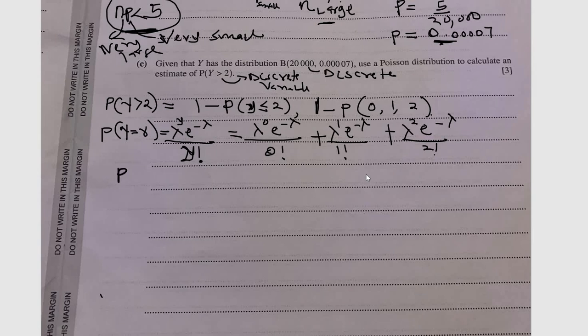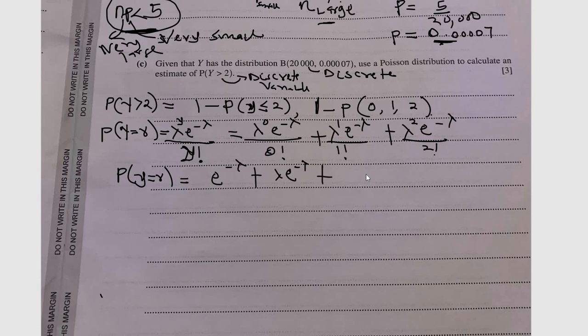At the end of the day, lambda raised to power 0 is 1, and 0 factorial is 1, so what is left is e raised to power minus lambda. The next one is lambda e raised to power minus lambda, since 1 factorial is 1.